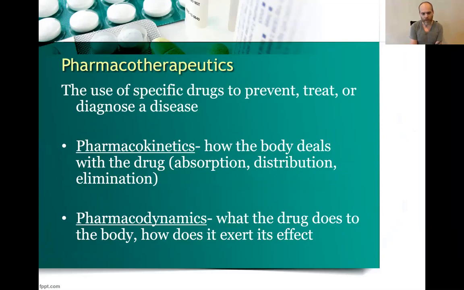So how the body works with absorbing the drug, distributing the drug around the body to various organs where it needs to go, and then to how the body eliminates the drug. So think about kinetics, moving around the body. Pharmacodynamics means what the drug actually does to the body, and not just what the drug does to the body, but how it exerts its effects.